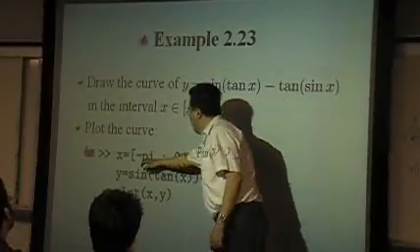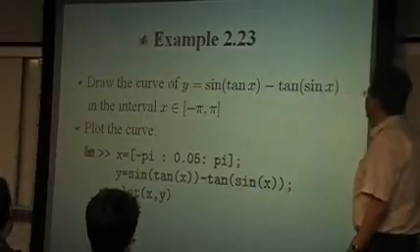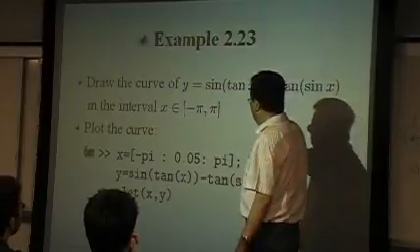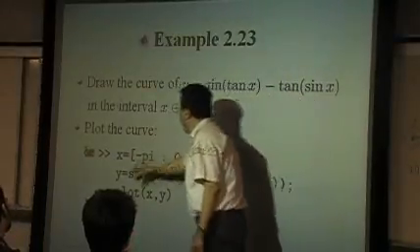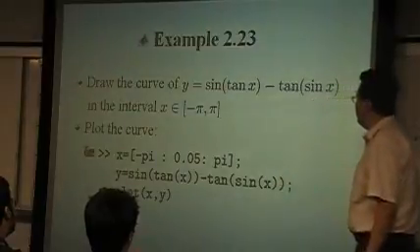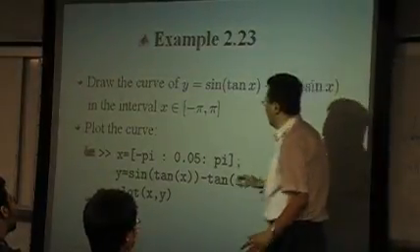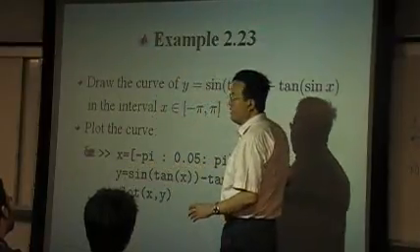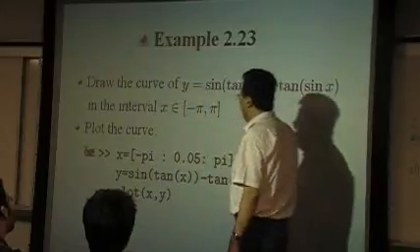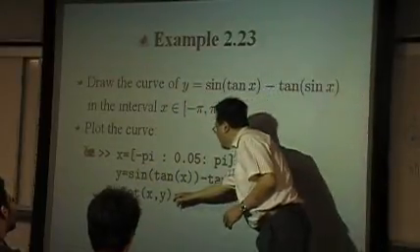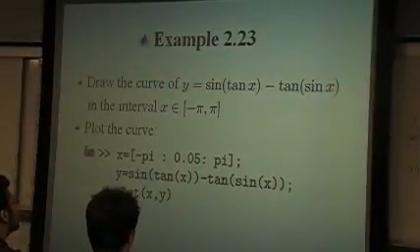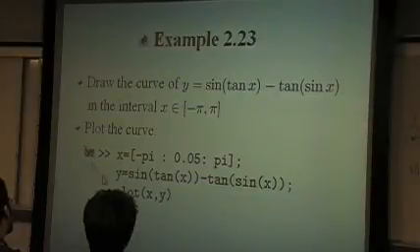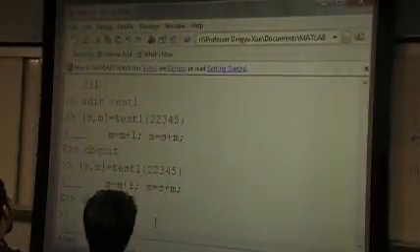If we have an x vector, we can use this formula to calculate for each value of x the value of y. So this is the command we use. Here, y is also a vector, and since it is based on the x vector, it should be of the same size as x. So what we need to do is to draw the curve using the plot command. And this is easy.